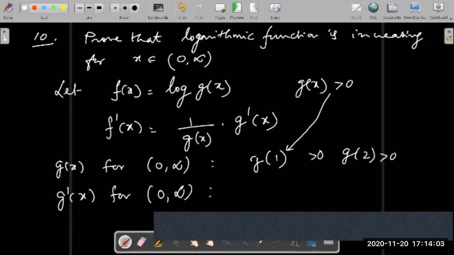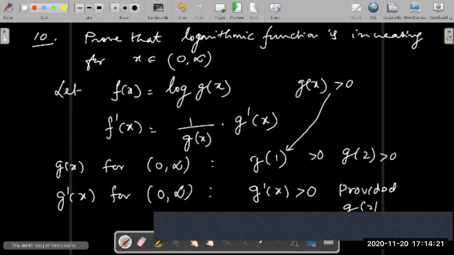So when g of x is greater than 0, g dash x has to be greater than 0. That's why we'll assume that g dash x is greater than 0, provided g of x is a differentiable function. That's how we just have to write.